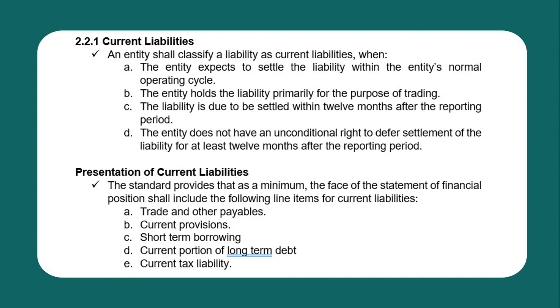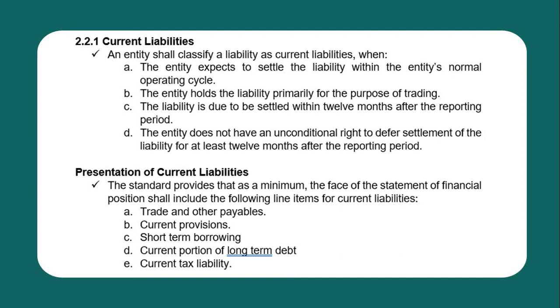So, for current liabilities, an entity shall classify a liability as current when the entity expects to settle the liability within the entity's normal operating cycle. So, the settlement will happen either within 12-month period after the reporting period or entity's normal operating cycle.